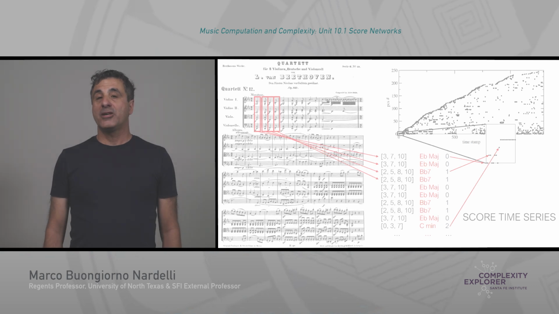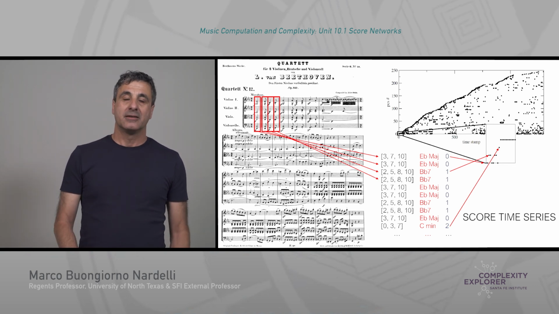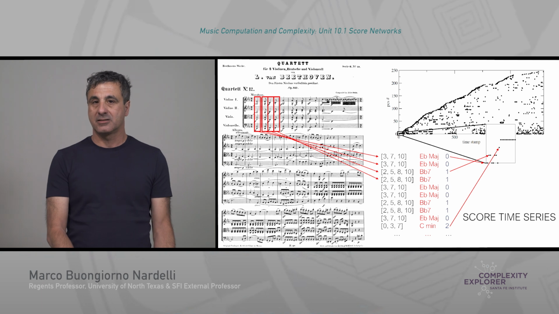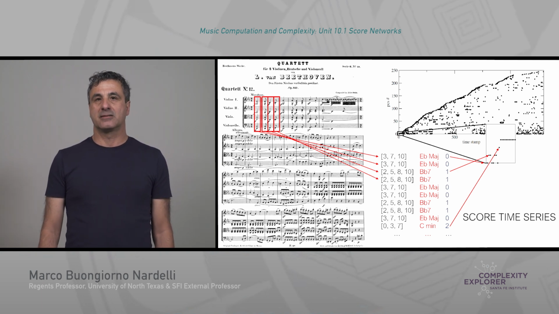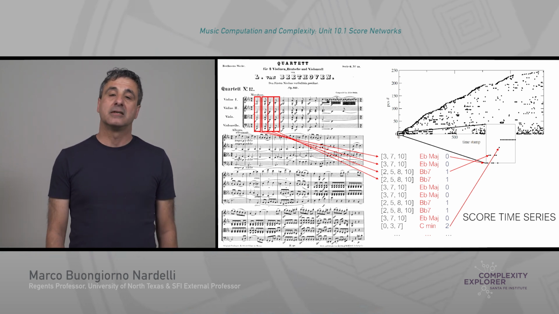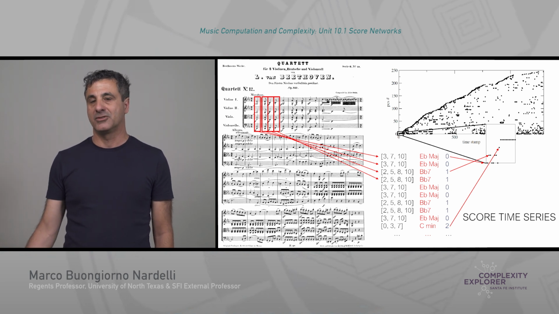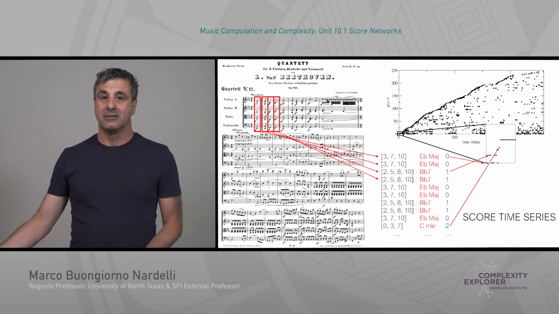Now, there is another way of looking at the score that is based on the same kind of procedure that I discussed earlier, but instead of looking at the network as a static picture of the composition, what we want to look at is a time evolution of the piece. So how we relate the network structure with the actual evolution in time of the composition.